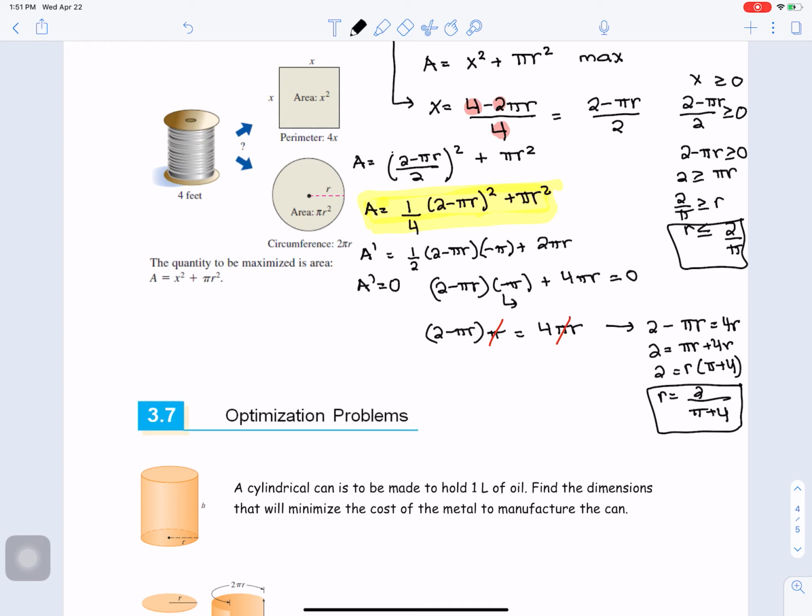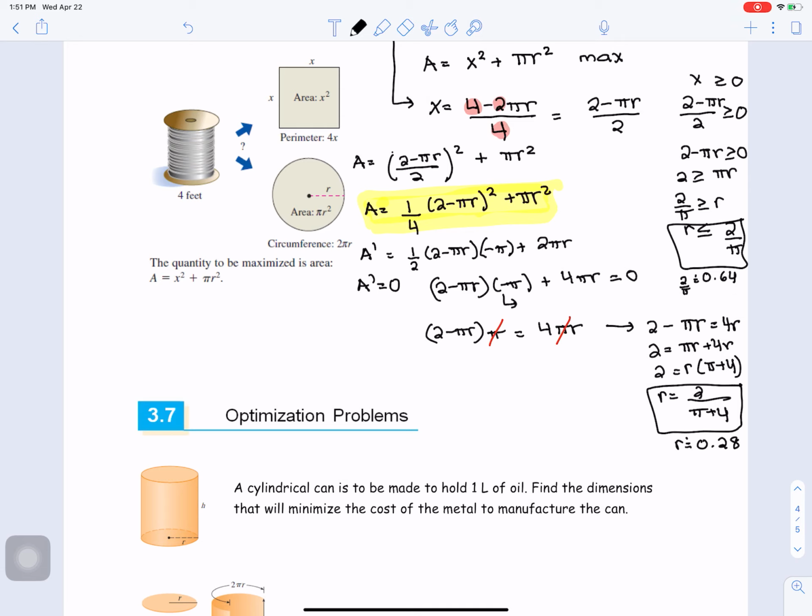Now if I work out that number, it's going to be 2 divided by 4 plus pi, which works out to approximately 0.28. When I do 2 divided by pi, I get 0.64 approximately.